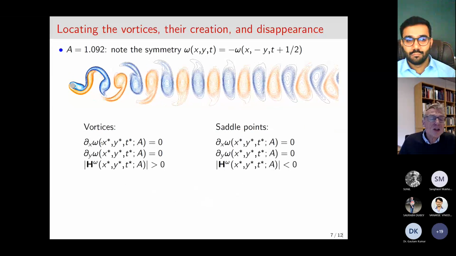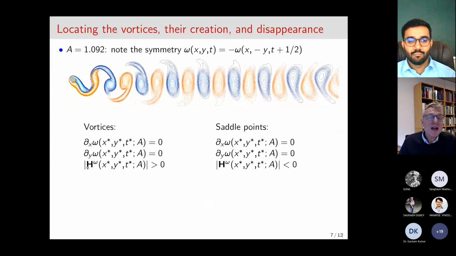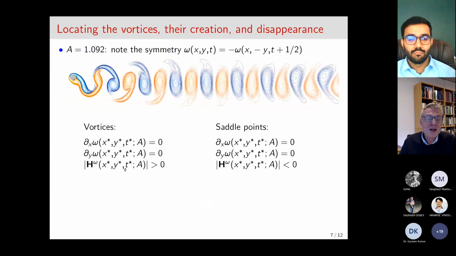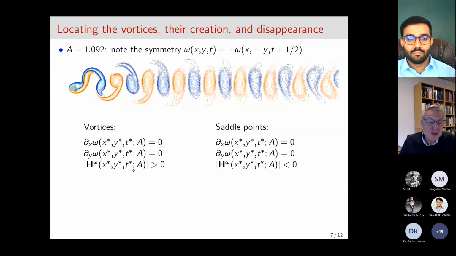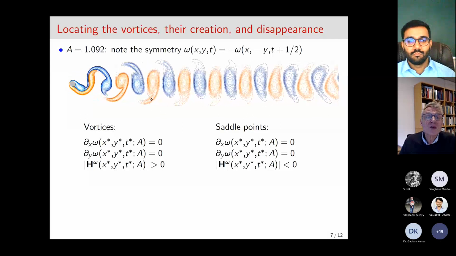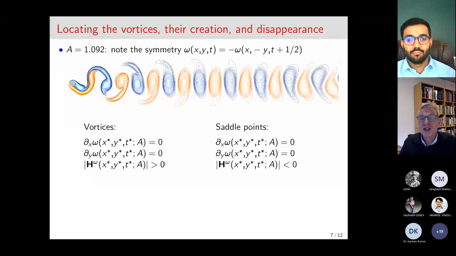A critical point of vorticity is one where these partial derivatives are equal to 0, and it is an extremum if the determinant of the Hessian matrix is positive. And that is what I would call a vortex, a local extremum of vorticity.